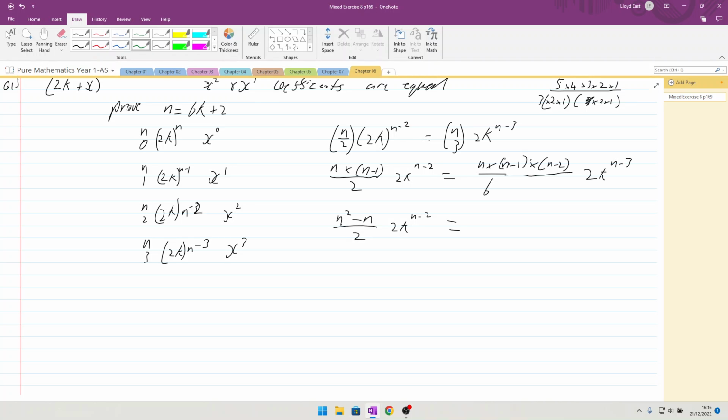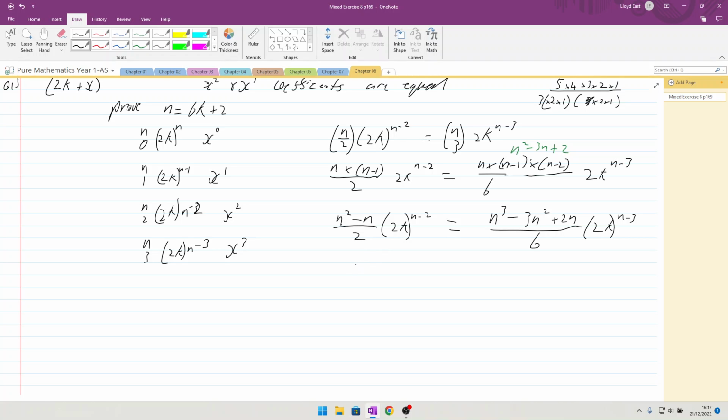So what's that first bit become? It becomes n squared minus 3n plus 2. Multiply all of that by n, gives us n cubed minus 3n squared plus 2n all over 6, times 2k to the n minus 3. Remembering that it's also to the n minus 2. Okay then, multiply by 2, multiply by 6. Let's get this all onto a common footing.